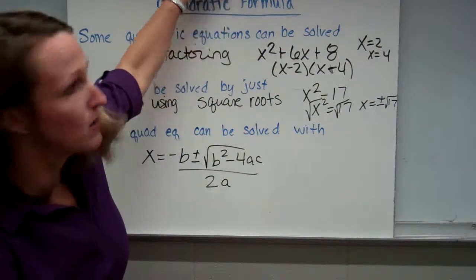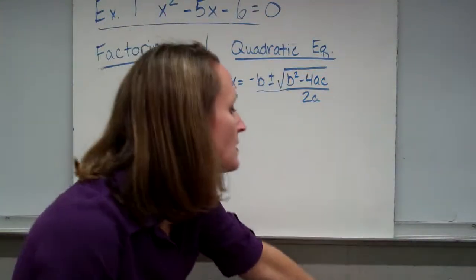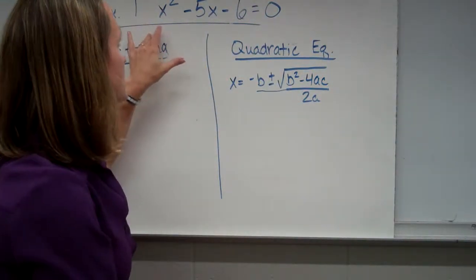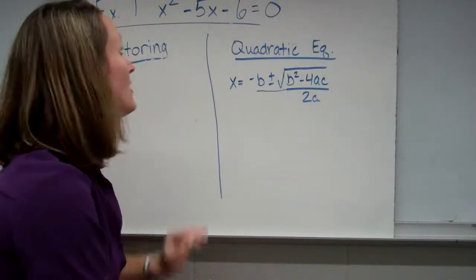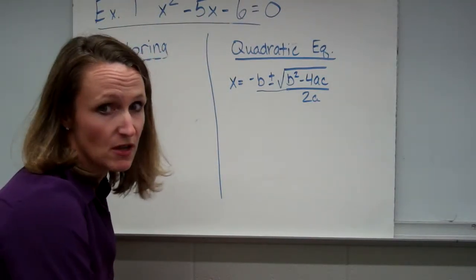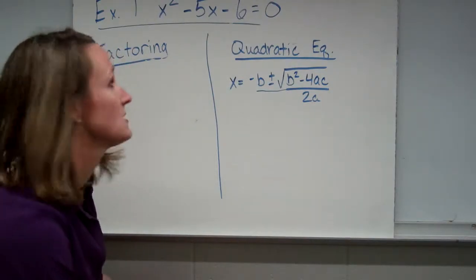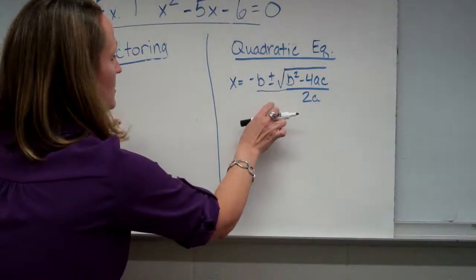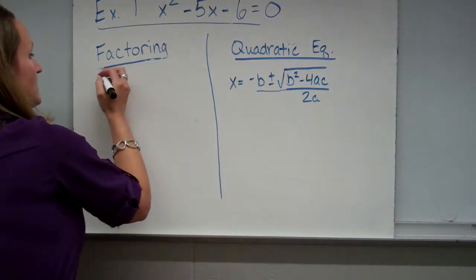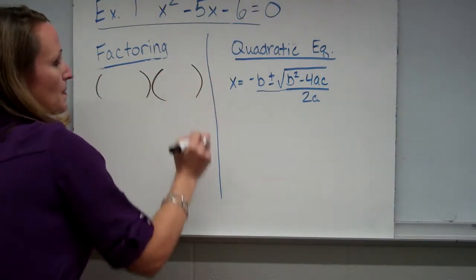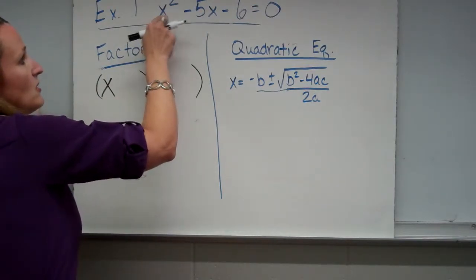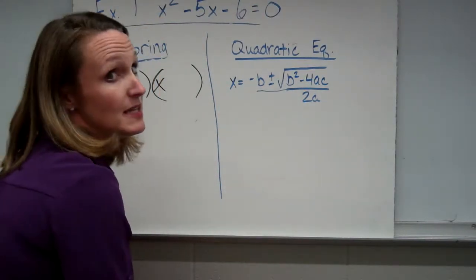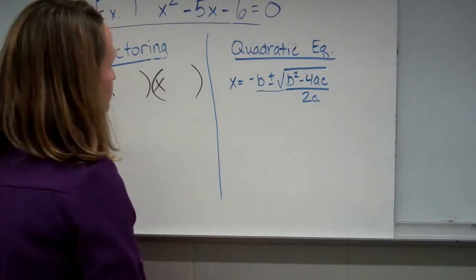All right, so let's put it to work. First we have this equation, x squared minus 5x minus 6. Well, this one we can actually solve by factoring. Sometimes you can't, this one you can, so we're going to try it both ways. To factor it, we've got an a value of 1, so it's a very easy case trinomial.